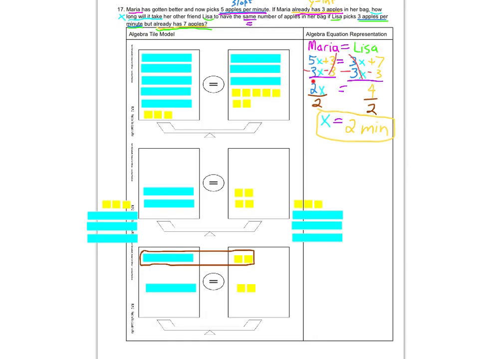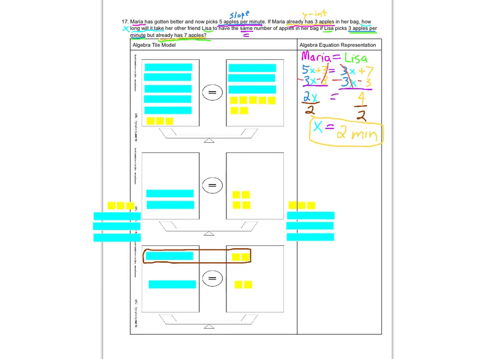You want to get all your x's on one side, you want to get all your numbers on the other side, then typically we'll divide both sides by the number in front of x. Again, we get that to the other side by doing the opposite sign. If it's a positive, we subtract. If it had been a negative, we would have added. Get number x equals number, divided by the number in front of x. Boom, there's your answer.